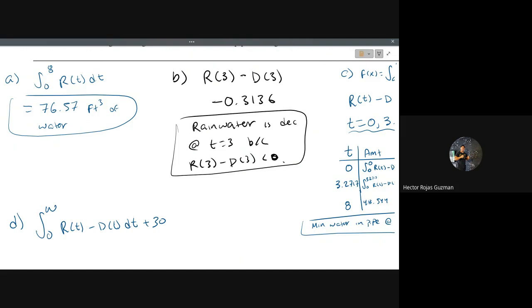At this point, you could set it equal to 50. But in order for it to overflow, this has to be more than 50, right? Because if it hits 50, technically it's still good. It hasn't overflowed. So you could also do this, and that will help you figure out when it's going to happen.